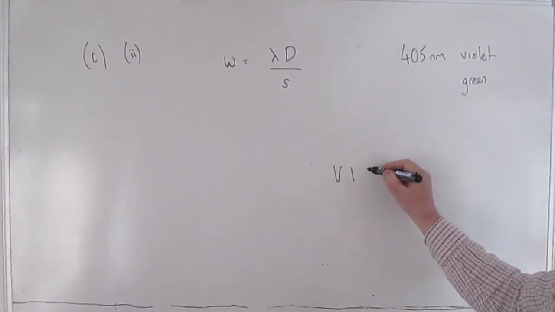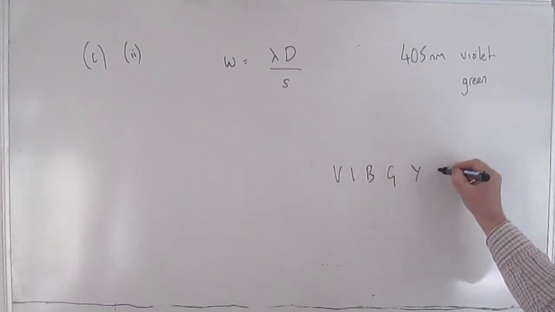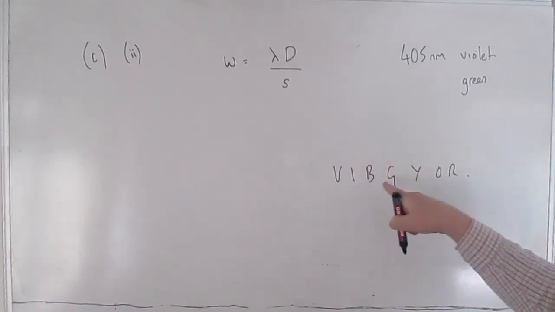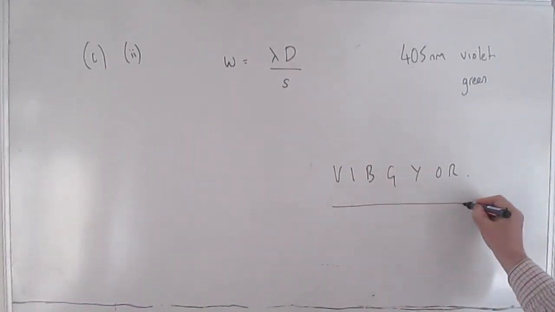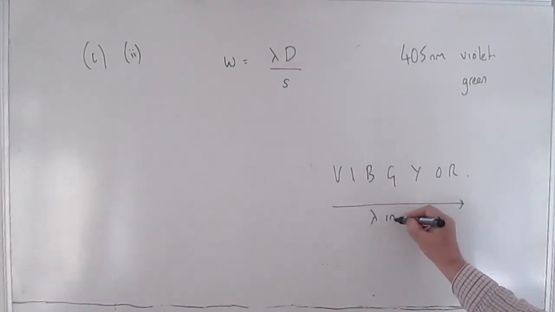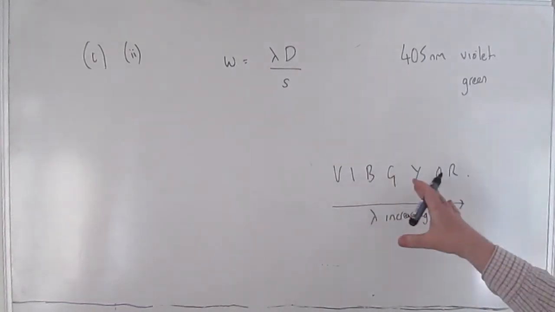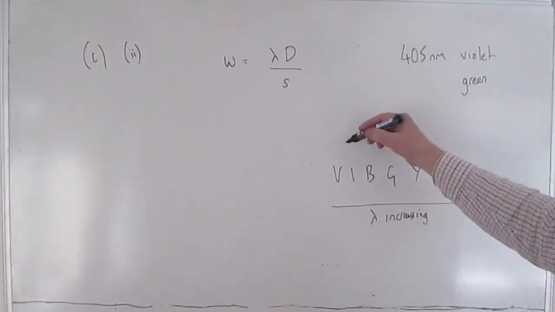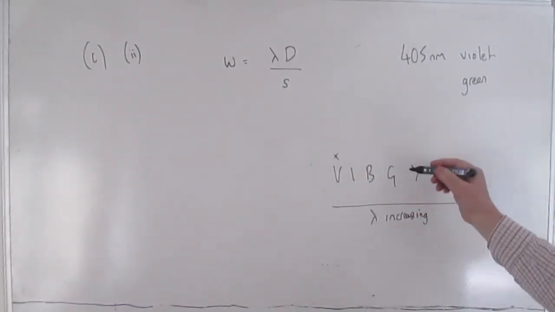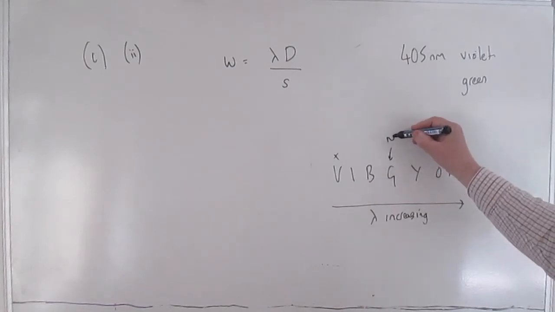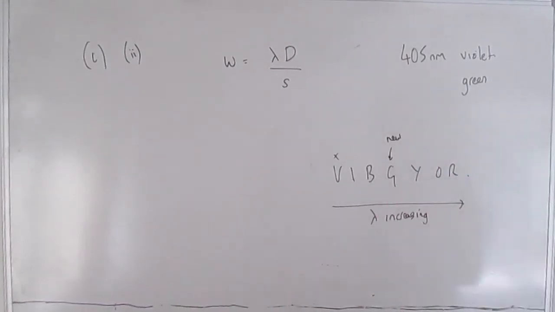So remember, as you go through the spectrum from violet to red, the wavelength is increasing. And indeed the frequency is decreasing, but that's the one that we need to know here. So this was our original, and this is the new laser, so the wavelength is longer. That's the important thing.